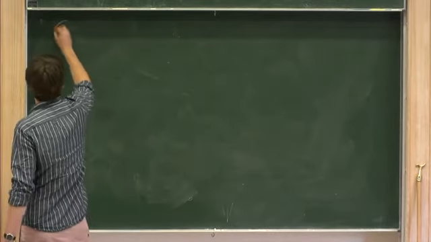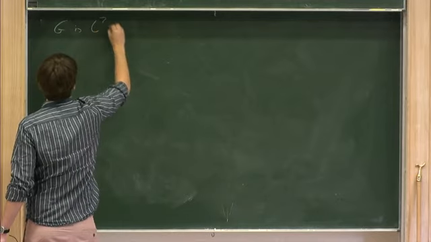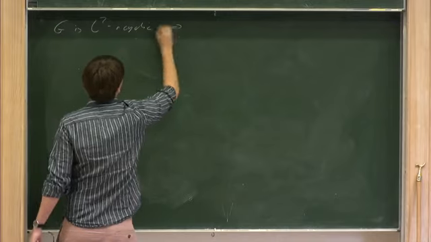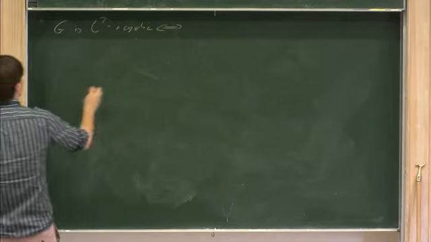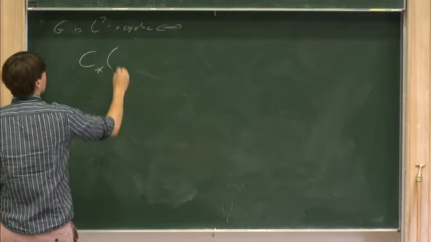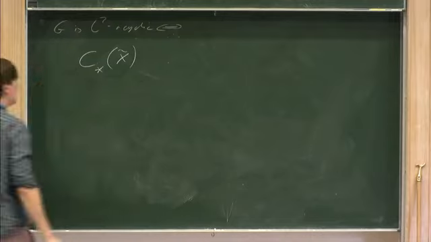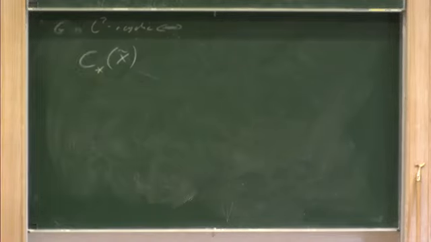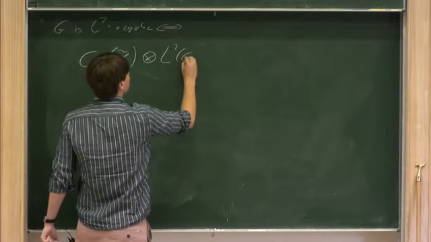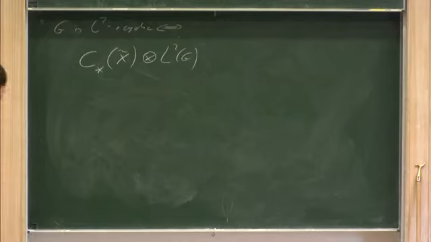G is L2-acyclic means precisely that if you take this chain complex C star of X tilde, these are ZG modules, so we can tensor it with some other ZG module, and we are going to tensor it with L2 of G, which is a nice ZG module.